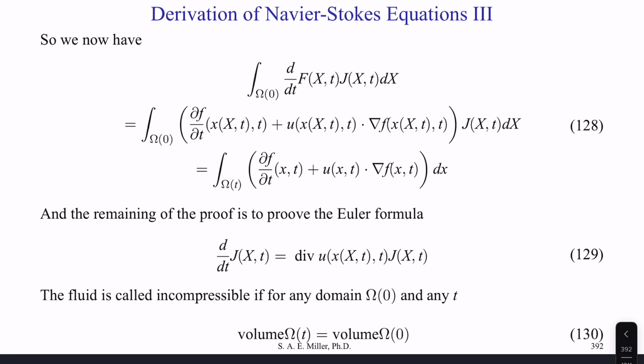If the fluid is incompressible, then of course the volume that a fluid parcel encompasses, from any particular time to any other time in either direction, will be conserved. This is the true definition of incompressibility of a fluid.